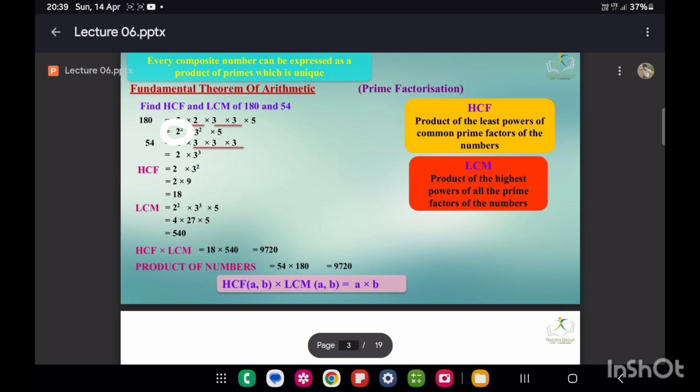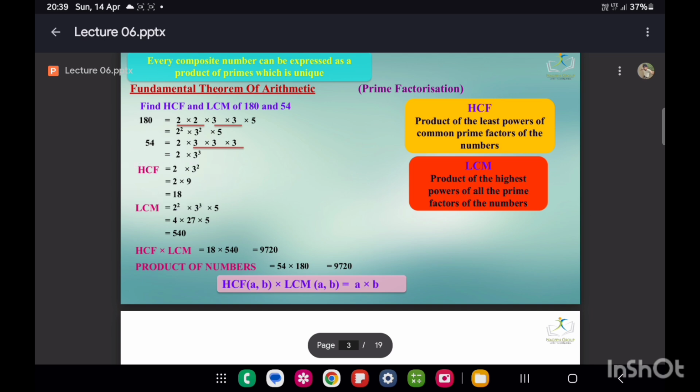And 3 power 2 is there in 180, and here also 3 power 3, so the common lowest power is 3 power 2. So the HCF is 2 power 1 into 3 power 2. So we will get 2 into 9, which is 18. The HCF is 18.